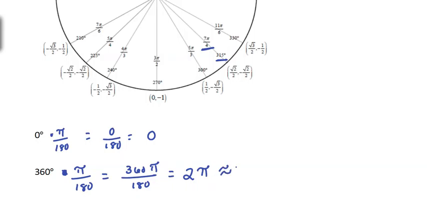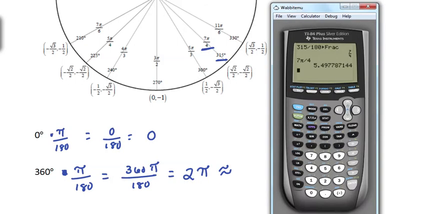Now, if I multiply 2 pi out, remember pi is 3.14, so 2 times pi is 6.28, and let's go a little bit more accurate here. 6.2832.